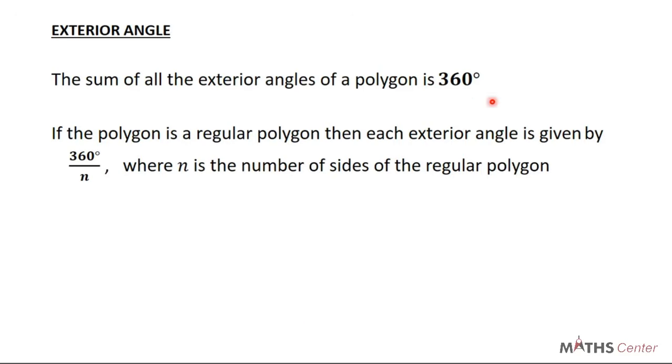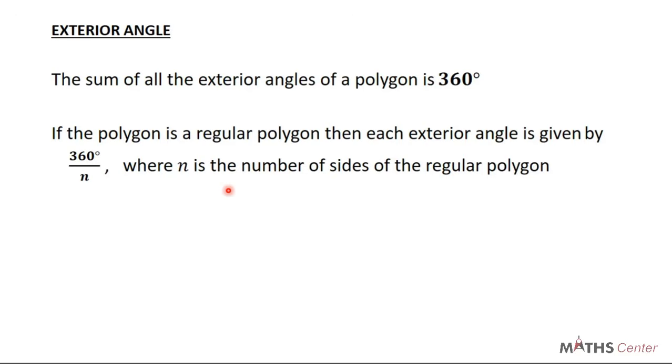That is the 360 degrees we have here divided by the number of sides, where n is the number of sides of the regular polygon. So the sum of the exterior angles of a polygon is 360 degrees. If the polygon is a regular polygon, then each exterior angle is given by 360 degrees divided by n, where n represents the number of sides of the regular polygon.